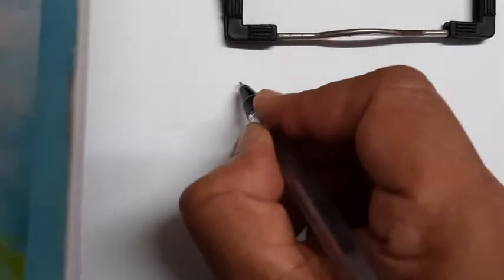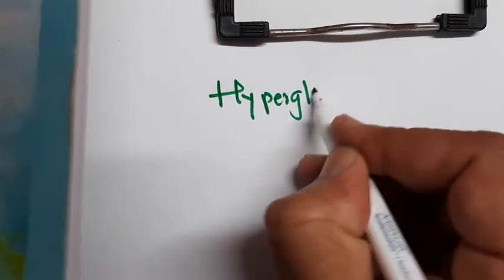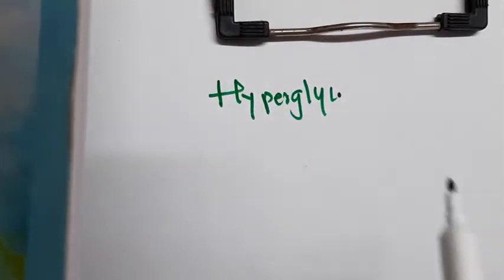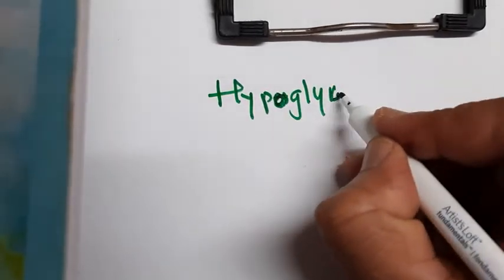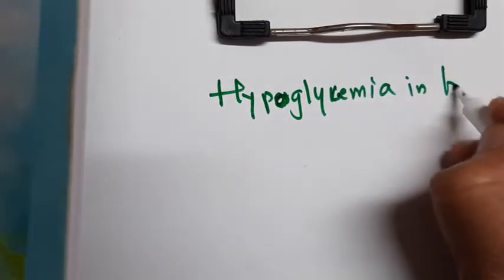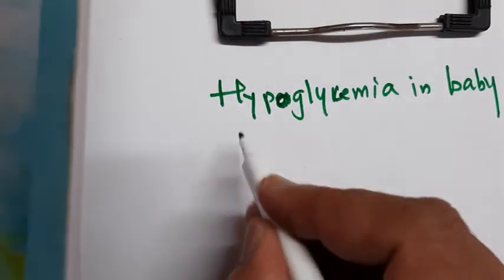Now next we'll see another condition in case of pig. It is called hyperglycemia in baby pig. Sorry, it is not hyperglycemia, it is hypoglycemia in baby pig or piglet.